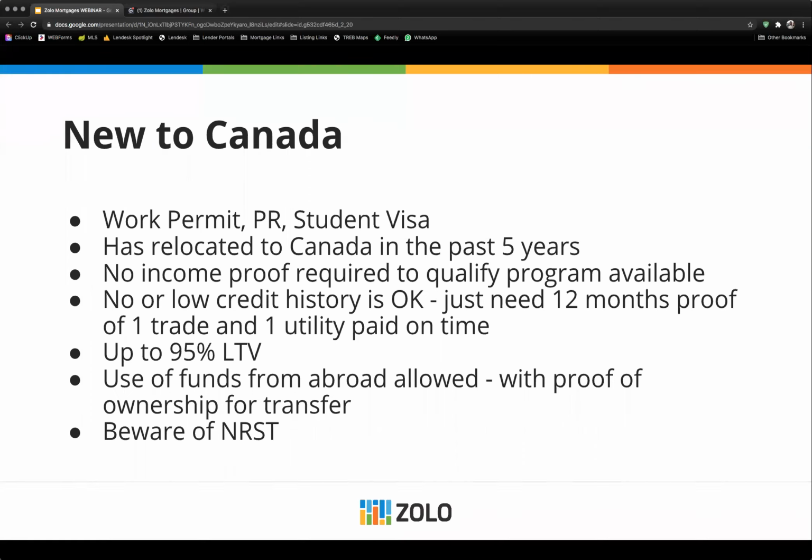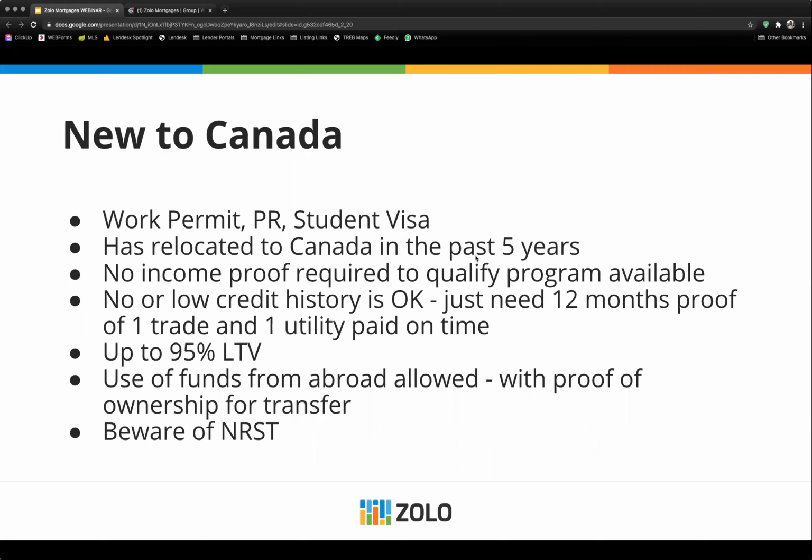No or low credit history is okay, and this specifically affects people who are new to Canada because they've just come here and may not have an established credit history. They have relocated to Canada in the past 5 years. So if you have clients you've worked with in the past who may be new to Canada here on work permit, reach out to them and say, hey, we can get you qualified for a mortgage.